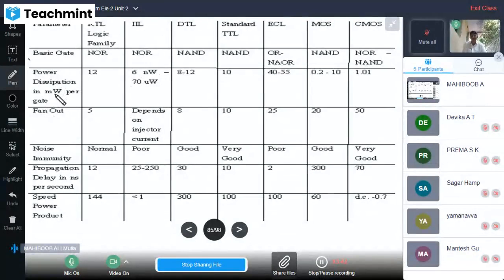So the different specifications are power dissipation in milliwatts, fan out, noise immunity, propagation delay, and speed power product.